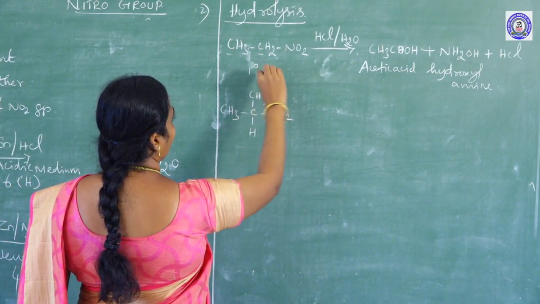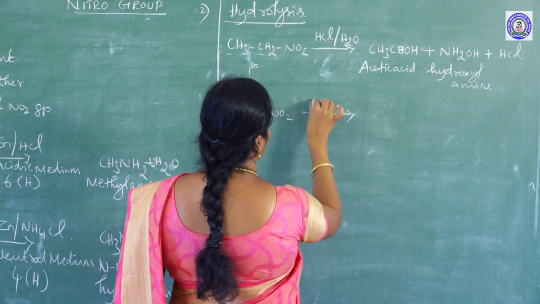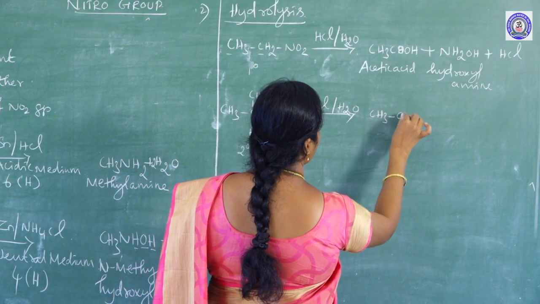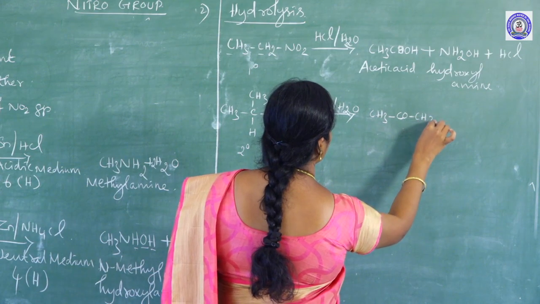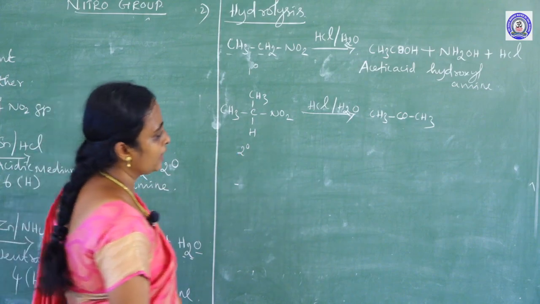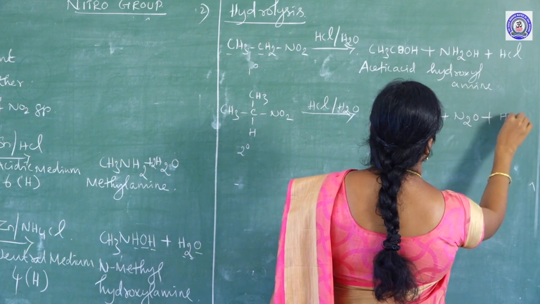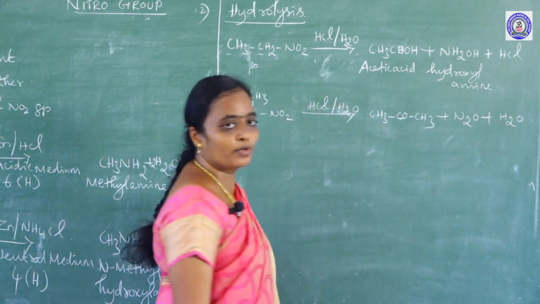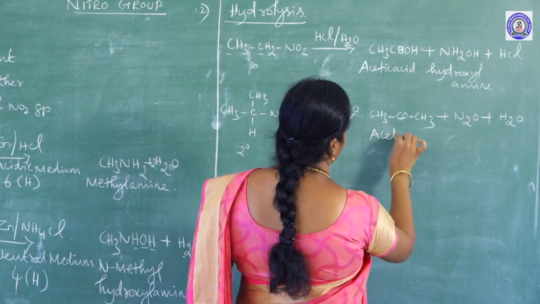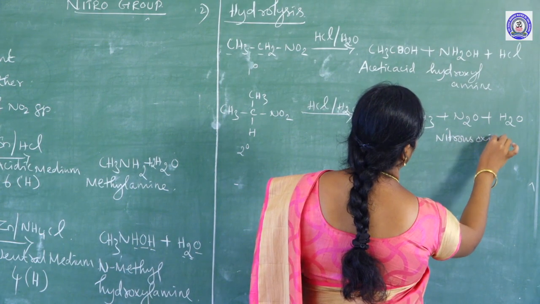So, a primary compound will give an acid, and a secondary compound on acid hydrolysis gives acetone as a product, CH3COCH3, because of 3 carbons. So, with 3 carbons, you are going to get the product acetone, and the side products N2O and water. N2O means nitrous oxide. This is acetone and this is nitrous oxide.